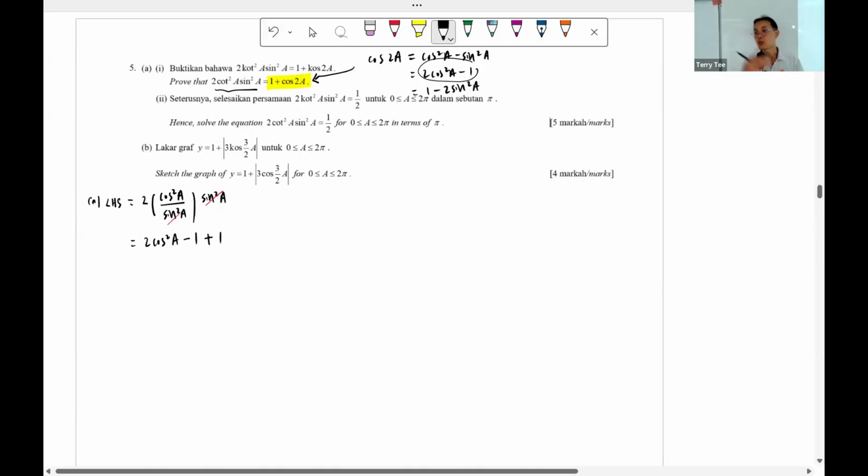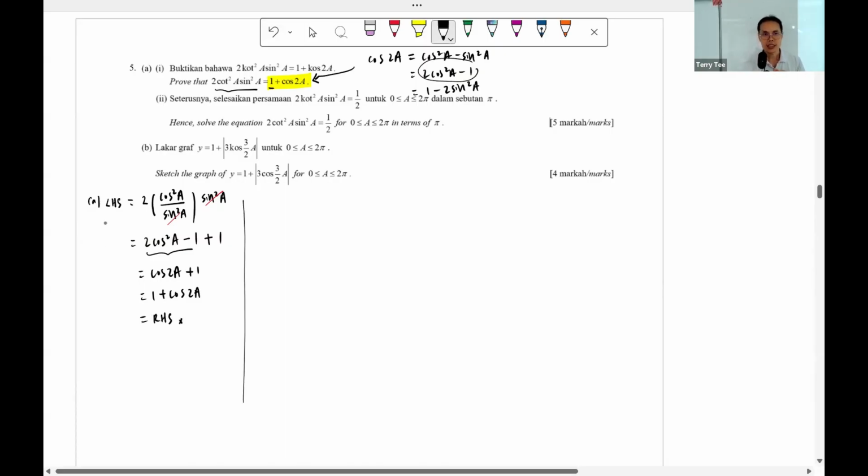You plus 1 to balance out. Yeah, it's like accounting, right? You take money out from here, you must put it back there. Debit and credit. So this one you put together, you get cos 2A plus 1. But you see the final answer, they put 1 in front. So let's write 1 plus cos 2A, and there you go, that's your right-hand side.